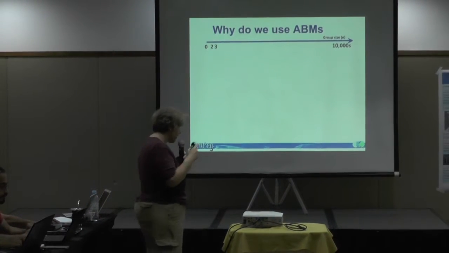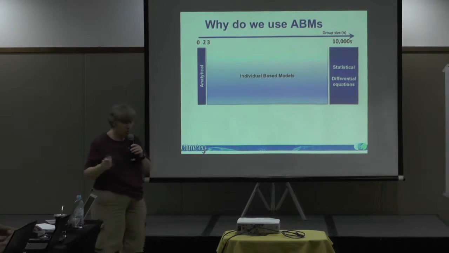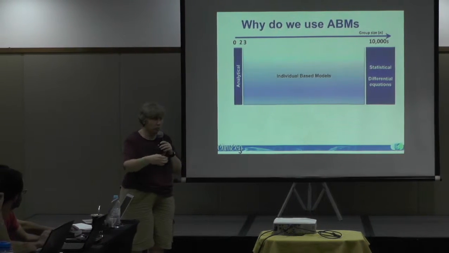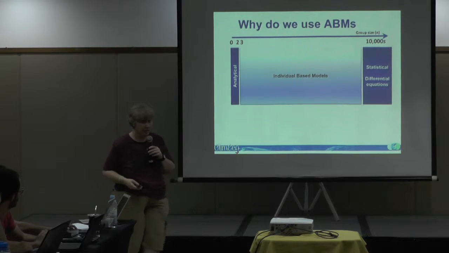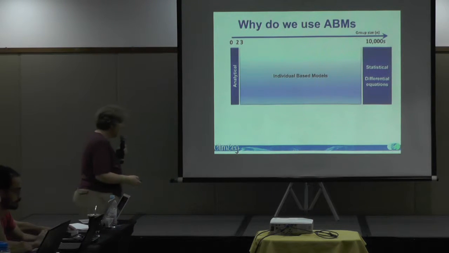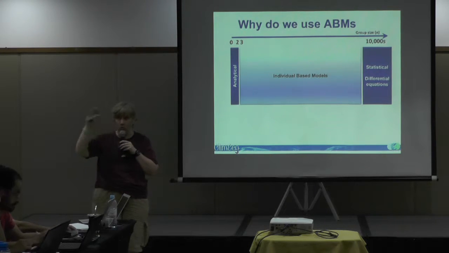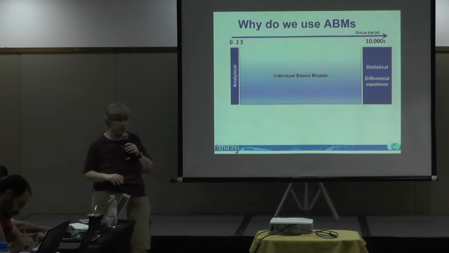But how do you decide which model to use when? So analytical models, differential equation models, analytical solutions work for one or two bodies. The three-body problem has been a problem in mathematics for a very long time. At the other extreme, you have statistical models and differential equation models where there's so many individuals that the law of large numbers and central limit theorem and all those other things mean that at large numbers you can make simplifying assumptions.